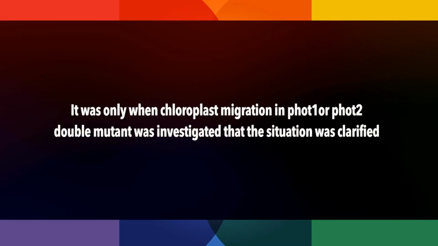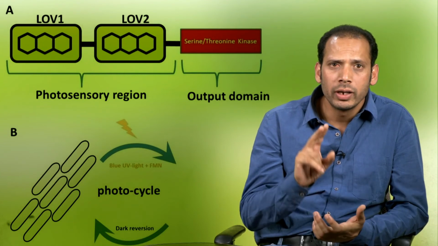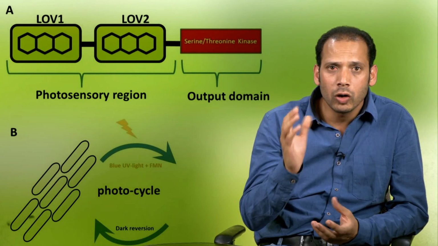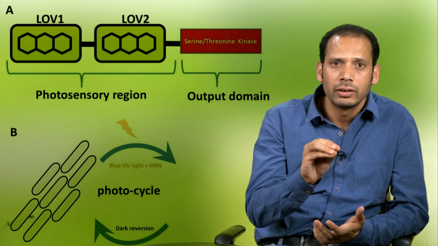It was only when chloroplast migration in a phototropin 1 phototropin 2 double mutant was investigated that the situation was clarified. In this mutant, chloroplasts show neither an accumulation nor an avoidance response, regardless of the light treatment given to the plants.